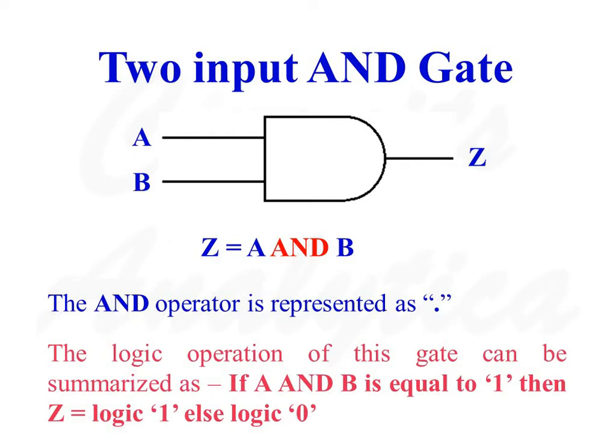That means, if both inputs are existing at logic 1, then output is also at logic 1, else output will be logic 0.